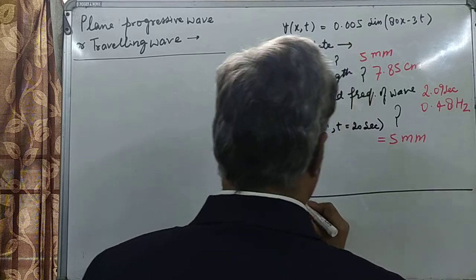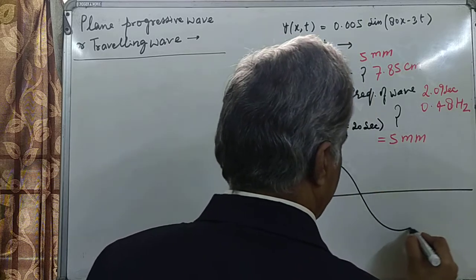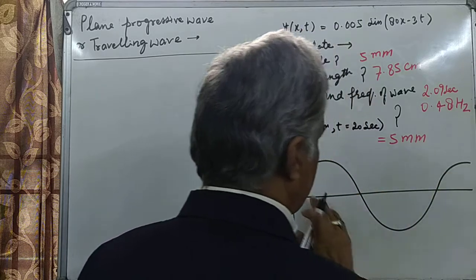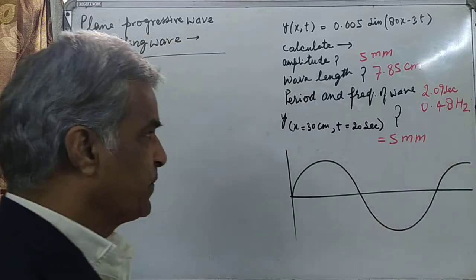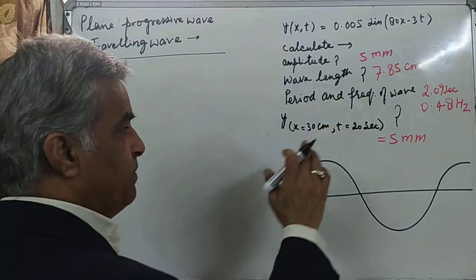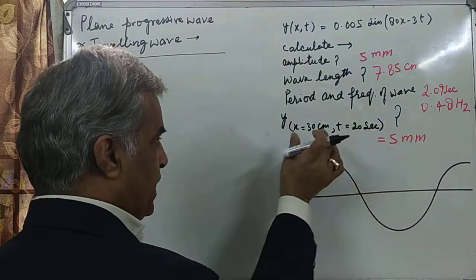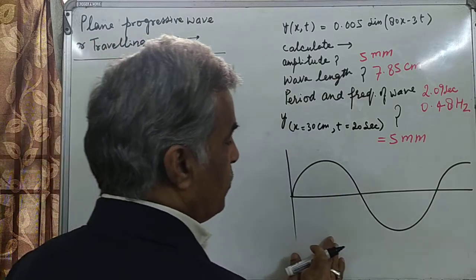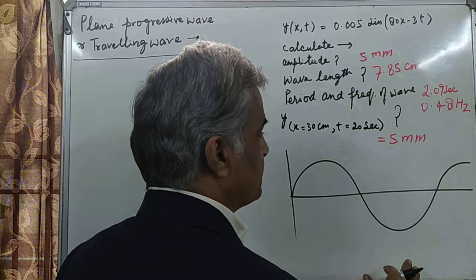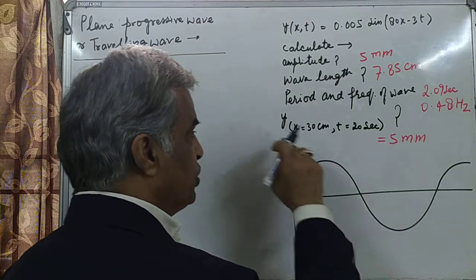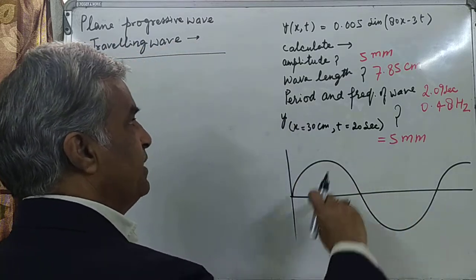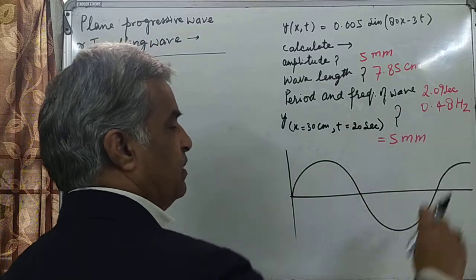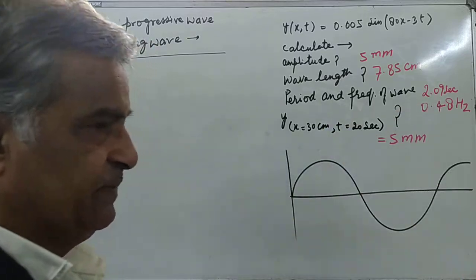You can consider this as a wave in a string. So at time t equal to 20 seconds and distance x equal to 30 centimeter, you have to find the position y, where y is the particle's SHM motion.